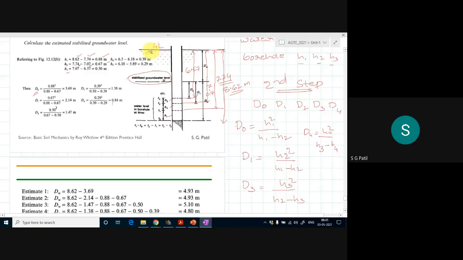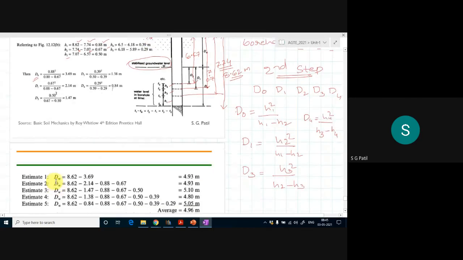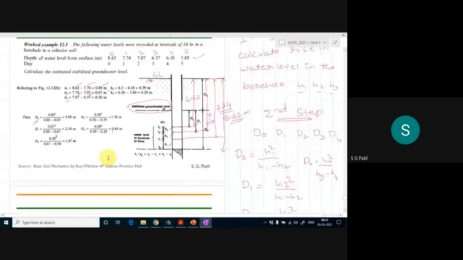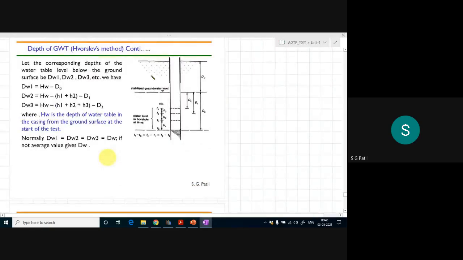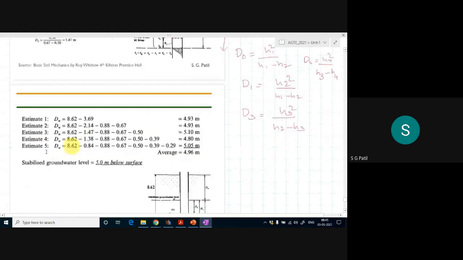So from the ground level, if I want to calculate, I have to use this formula. Then you substitute the values. I will get the estimation on the first day, second day, third day, fourth day, fifth day.